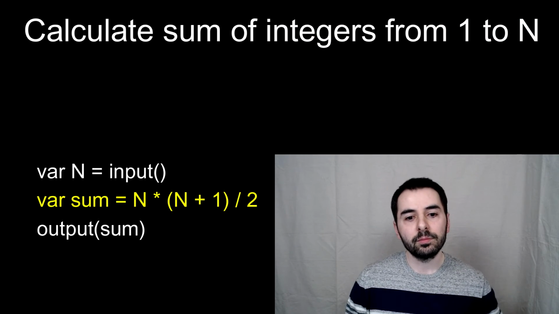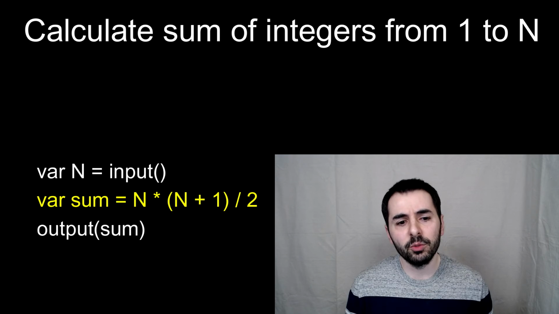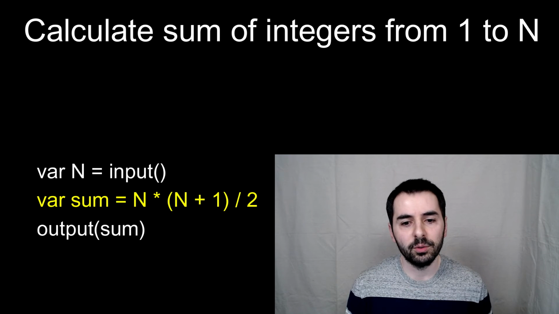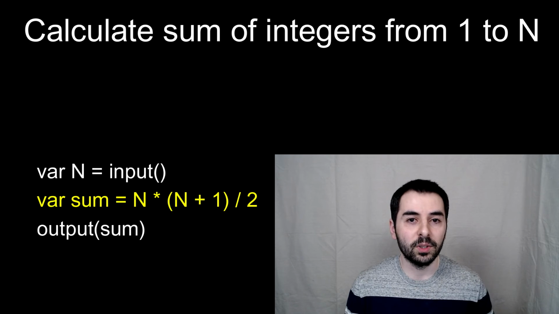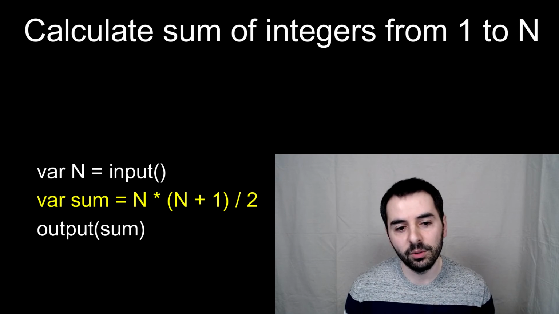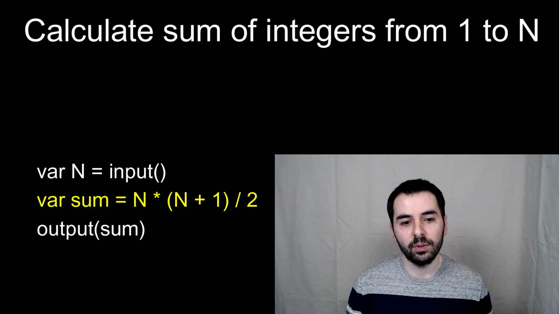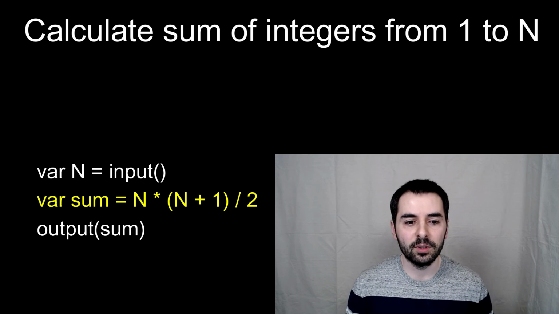Then the next line is the formula for calculating the sum from 1 to n. If we don't know this formula, we'll write the program without knowing the formula. But in a future video, we'll keep using this example. It's a good one. And then we have a sum, which is a temporary variable.